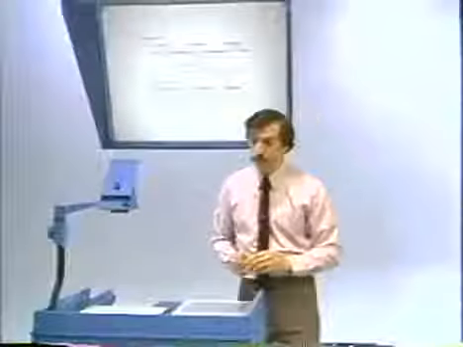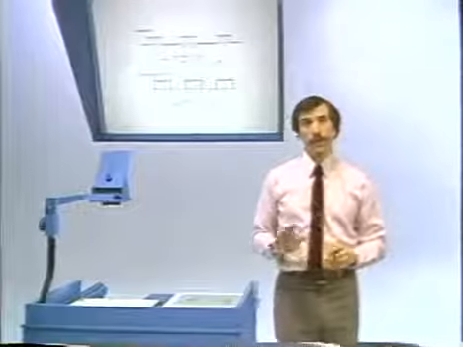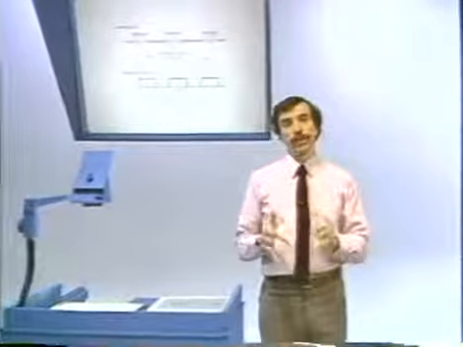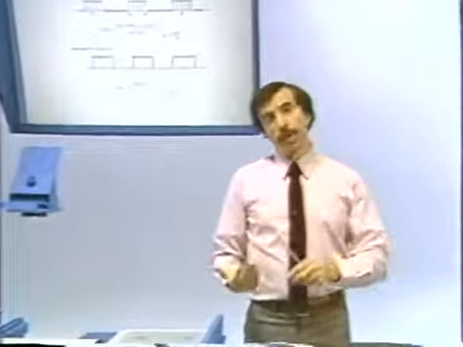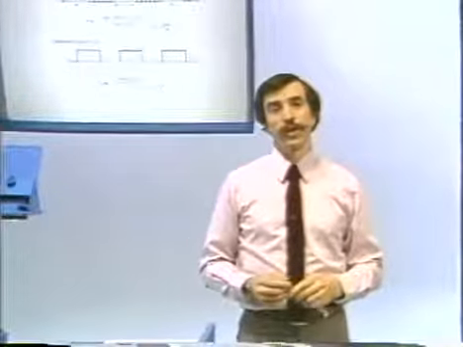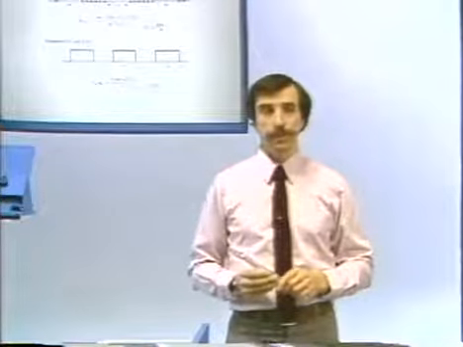Now, the sine Nx over sine x function, which is the envelope of the Fourier series coefficients for the discrete time periodic square wave, plays the role, and we'll see it very often in discrete time, that sine x over x does in continuous time.